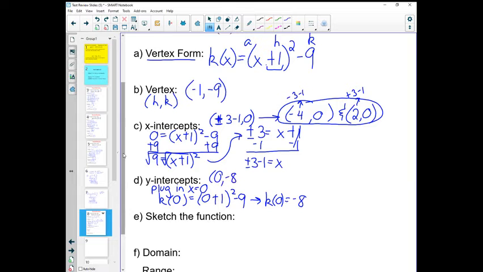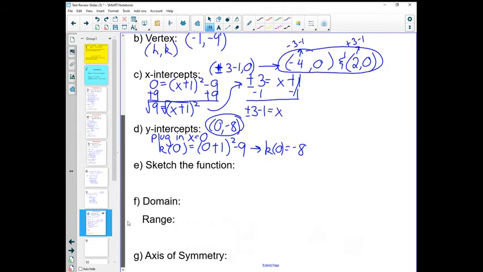And that is your y-intercept, (0, -8). On part E, now I'm going to use those intercepts and vertex to sketch what this parabola is going to look like. The vertex was at (-1, -9). So here's -1, and down 6, 7, 8, 9: (-1, -9).